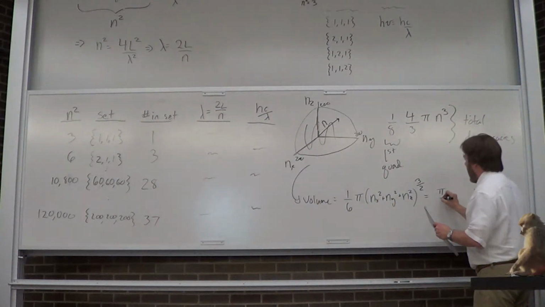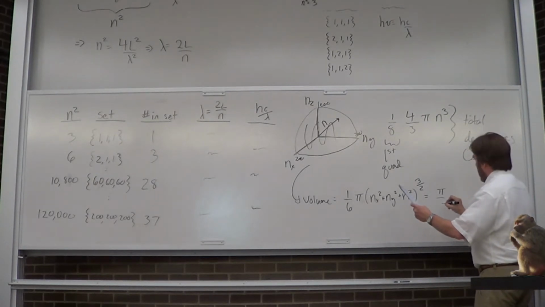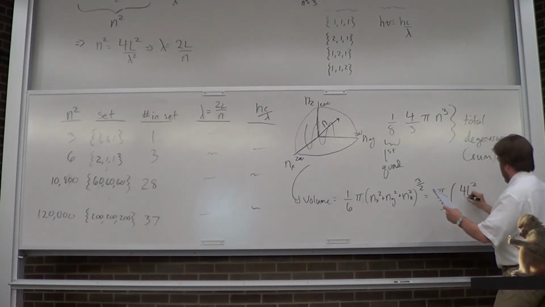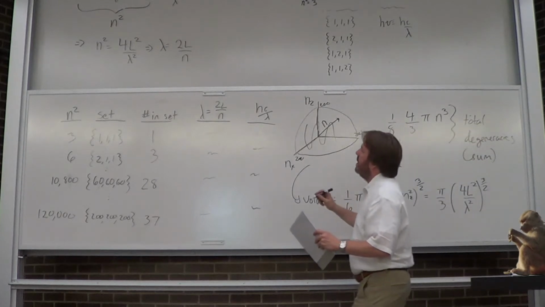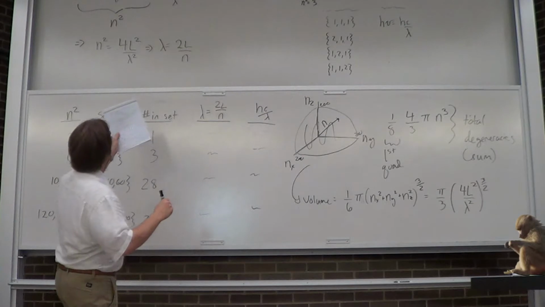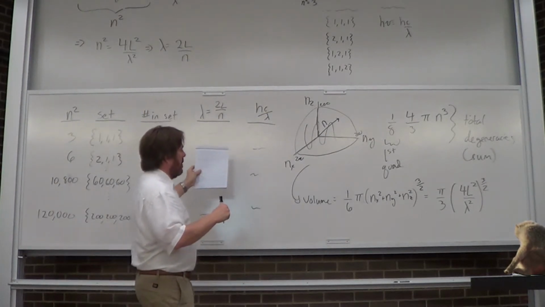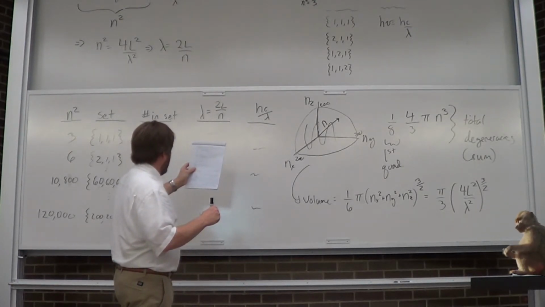Now, back to this. Okay, this ends up being pi over, let me just point out that this ends up being 4L squared over lambda squared to the 3/2. And that is coming from right up there. Yeah, n squared is 4L squared over lambda squared. I have some weirdness in my notes.